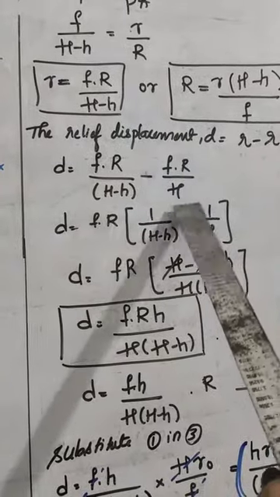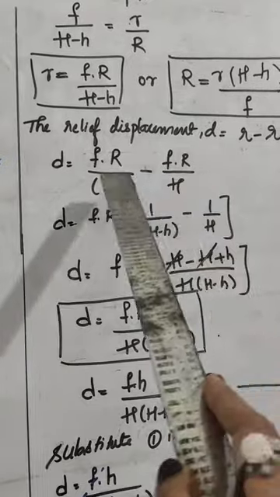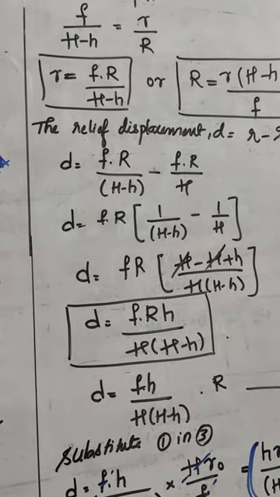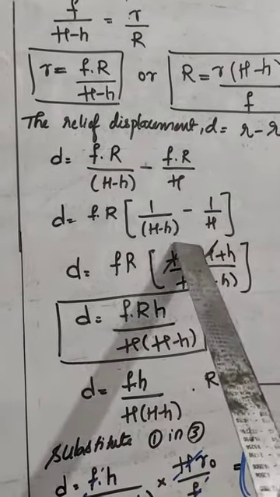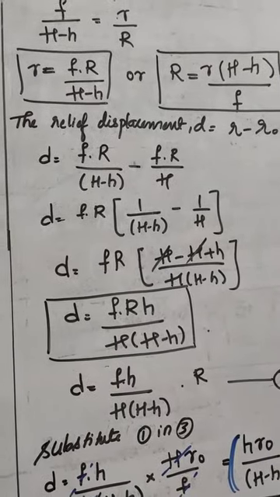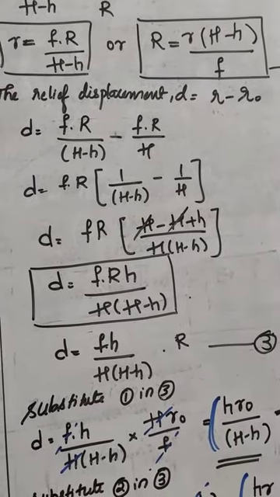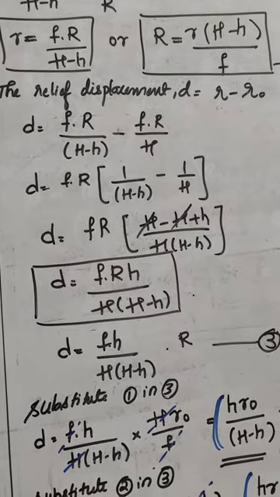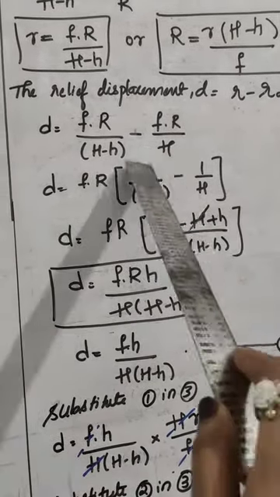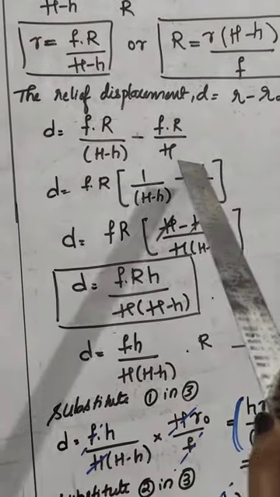Directly substitute there. Okay, when we substitute here, from this equation we take F r common. When we take F r common, the portion remaining is 1 divided by H minus h, minus 1 by H. Take this at the top and this also at the top.